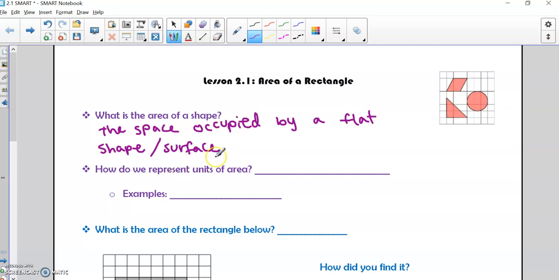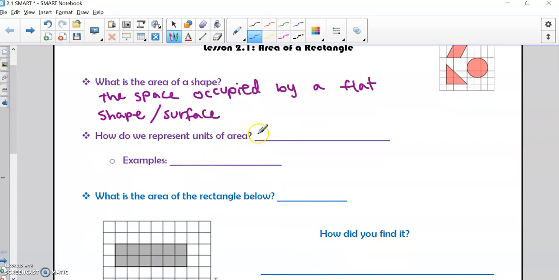When we are representing the units of area, we always have to use units squared. So literally a little square there. For example, if we were talking about a table measured in feet, you would say feet squared.